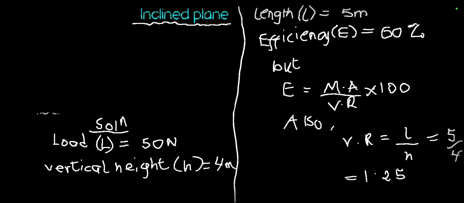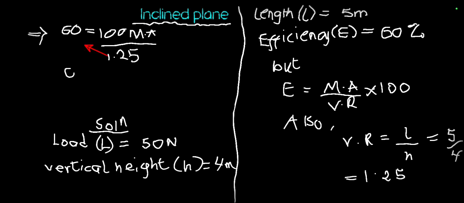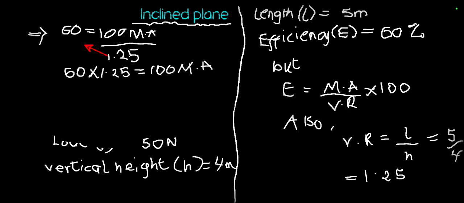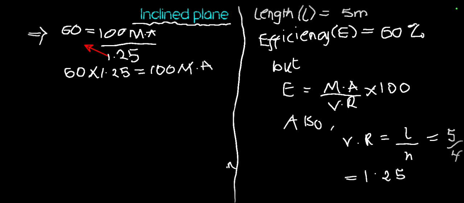Let's move on to finding the mechanical advantage. We already said earlier, we are putting the values into it. So 60 is equal to 100 times mechanical advantage over 1.25. So we send the 1.25 to the other side, multiplying 60 and 1.25 to equal 100 times mechanical advantage. So 60 times 1.25 gives us 75, equal to 100 times mechanical advantage.